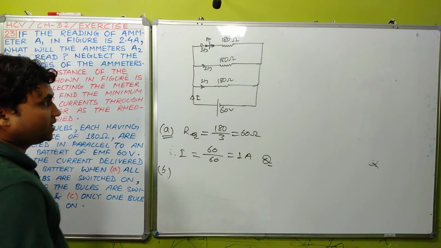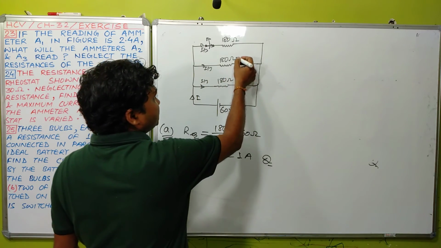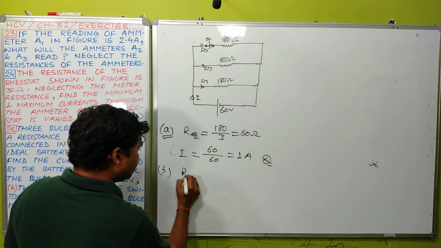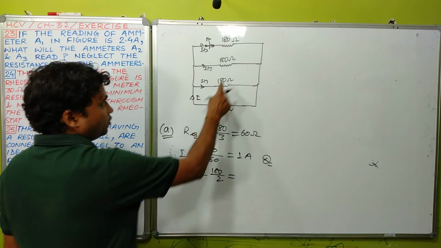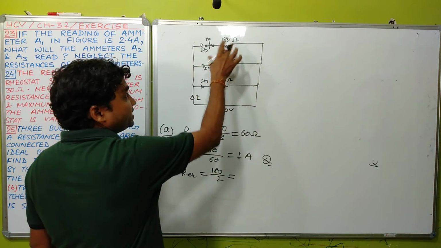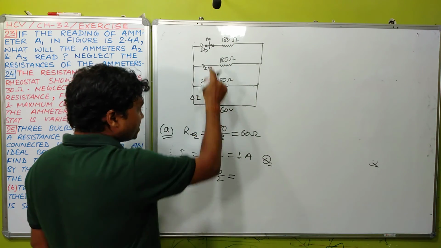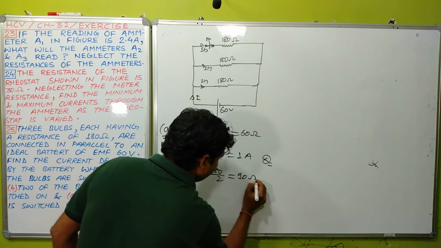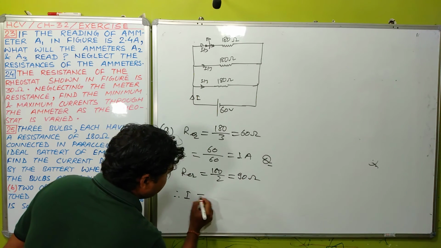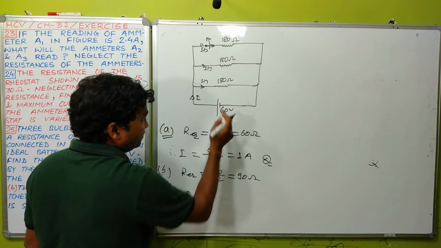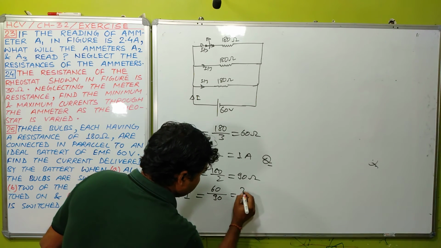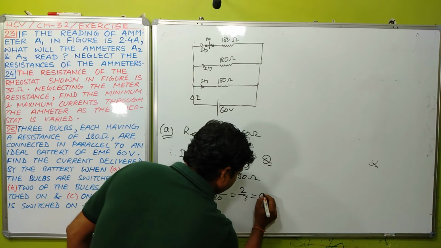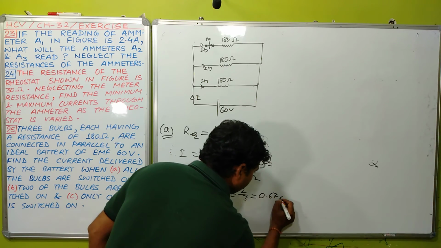Okay, so in this case the effective resistance will be 180 by 2, because there are now only 2 resistances. This one will become ineffective because the circuit is open, so 90 ohm. So in this case the current flowing will be, since the EMF having the same value is still 60, 60 by equivalent resistance 90, this becomes 2 by 3, this becomes 0.67 ampere.